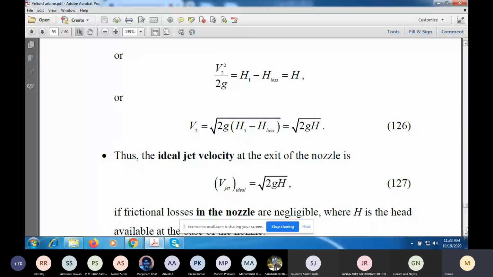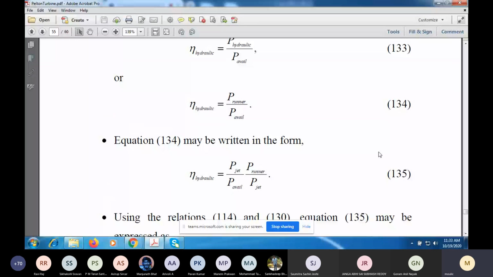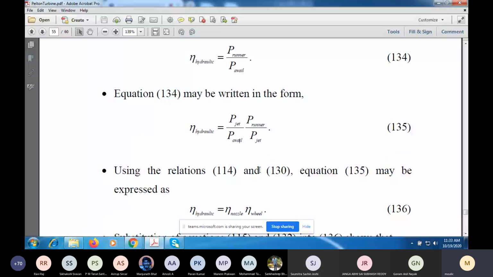So if we compare equation number 135 with equation number 134, you see the P jet here and the P jet here will cancel out, and you get back P runner by P available. This is the P runner and this is the P available. But the reason we have written it this way is that you'll see that this ratio P jet by P available, the power available at the exit of the nozzle to the power available at the base of the nozzle, is the efficiency of the nozzle.